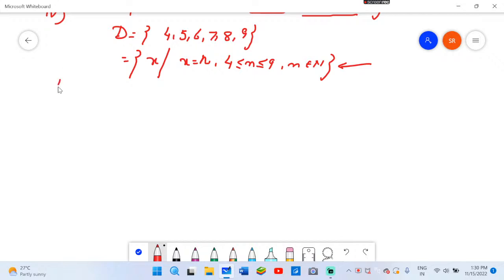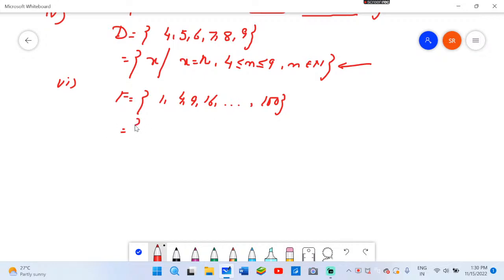See, next part, it is F. It is 1, 4, 9, 16 up to 100. If you see carefully, these are squares of natural numbers from 1 to 10.